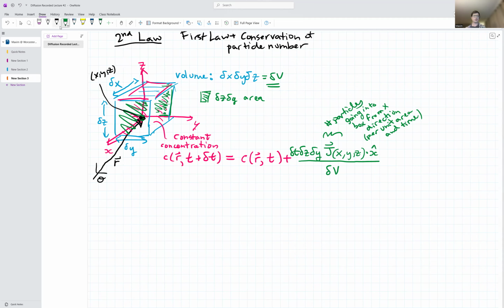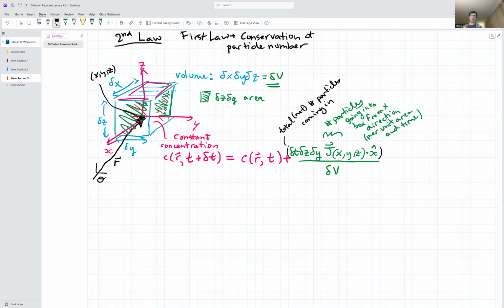And so this total quantity here will give us the total, or net, number of particles that are coming in.